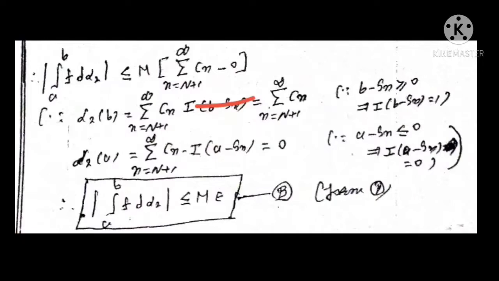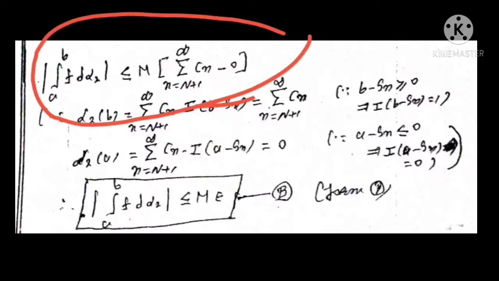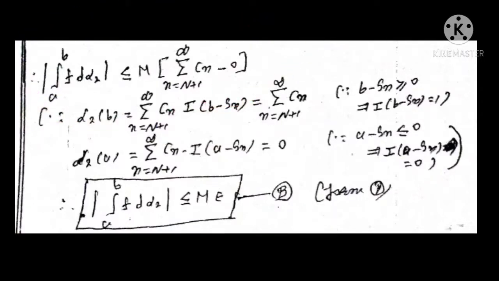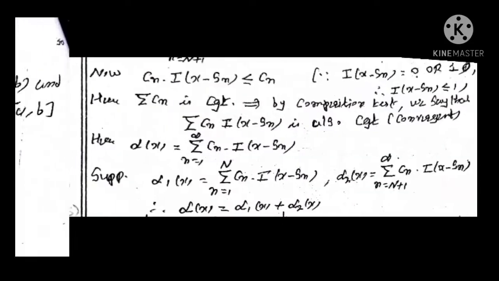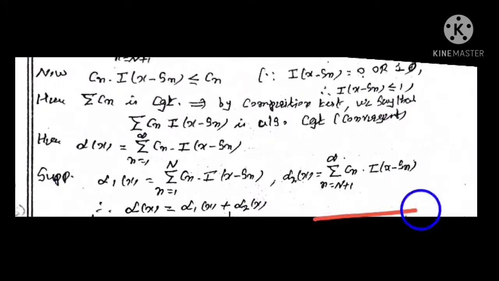Because alpha 2 of b is equal to the sum from n equal to N plus 1 to infinity of Cn times the step function of b minus Sn.